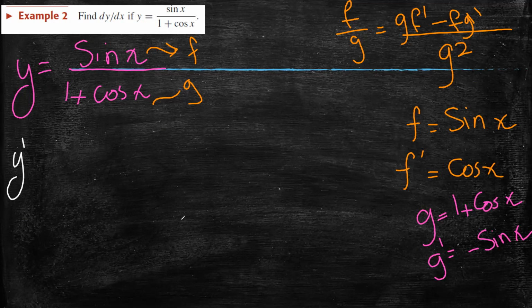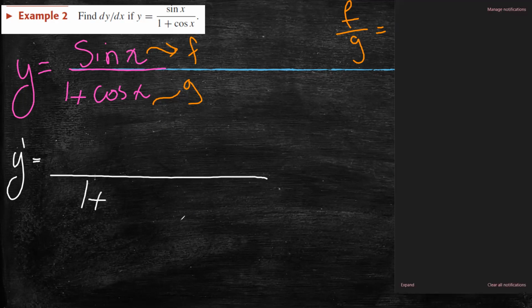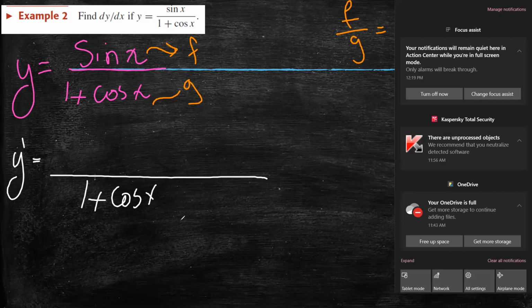So y prime is g squared, where g is 1 plus cosine x, squared.